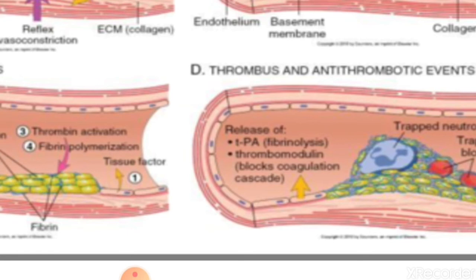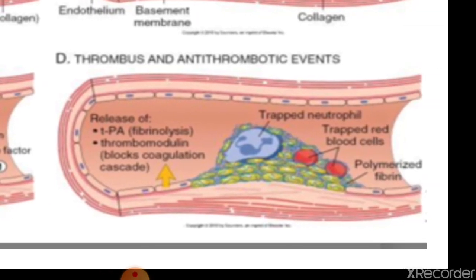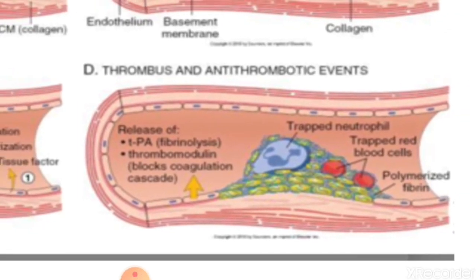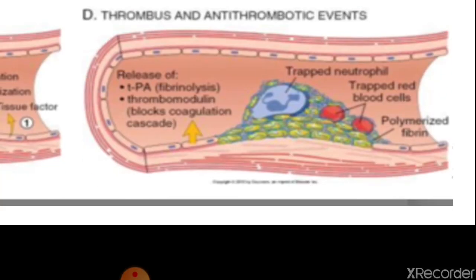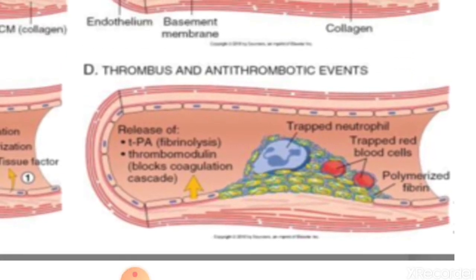So in the secondary hemostasis, in which there is activation of clotting factors, we have two types. We have the intrinsic pathway and the extrinsic pathway of clotting factor activation. In the intrinsic pathway, due to the exposure of subendothelial collagen fiber at the site of injury, there will be activation of the intrinsic pathway of the clotting factors.